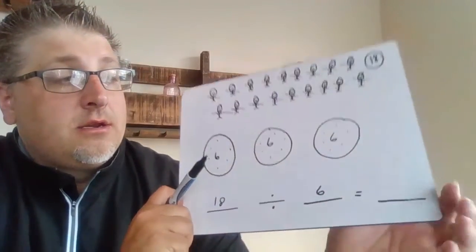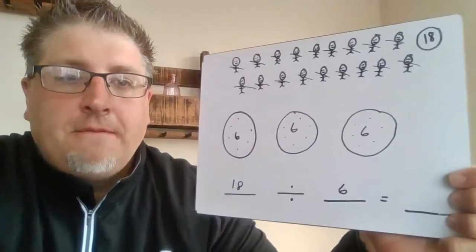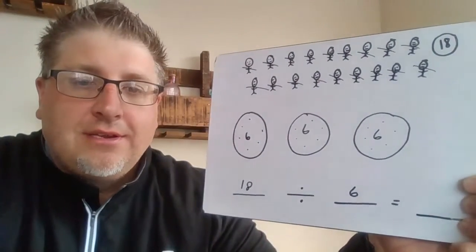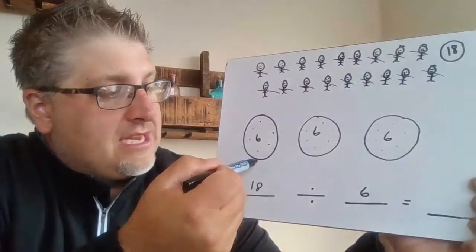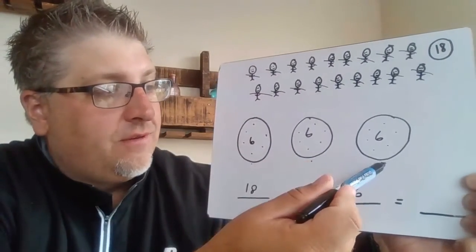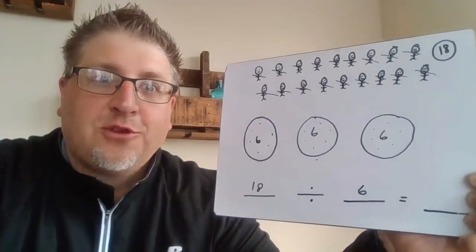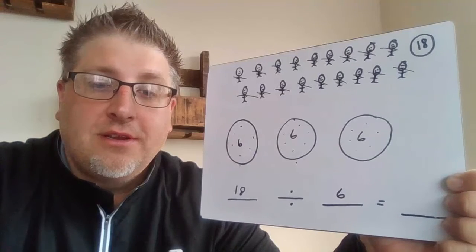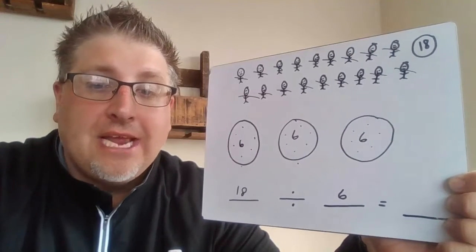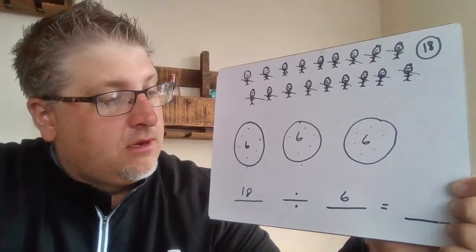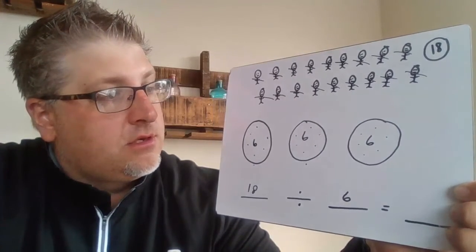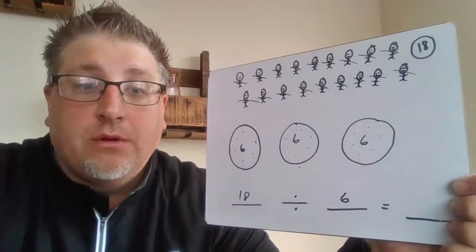All right? The question is, how many tables did it take to seat everybody? Let's count them up. 1 table, 2 tables, 3 tables. So 3 tables is how many tables we are going to need to sit everybody down.